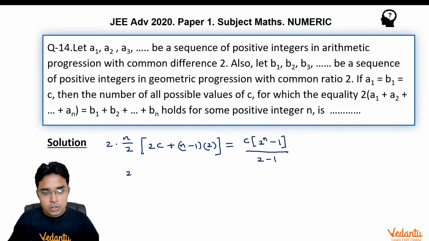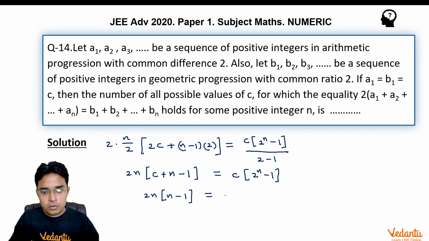So we get 2n into c minus c plus n minus 1 equal to c into 2 raised to the power n minus 1. So this becomes 2n into n minus 1 equal to c into 2 raised to the power n minus 2n minus 1.